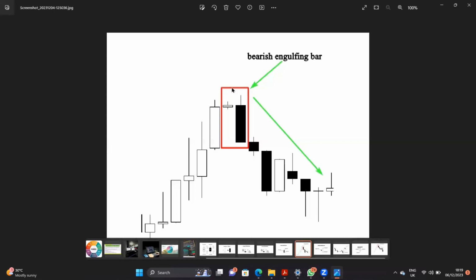This is what you want to note down as far as the bearish engulfing bar is concerned. The engulfing bar, as it states in its title, is formed when it's fully engulfed.